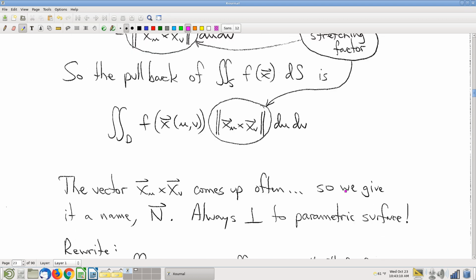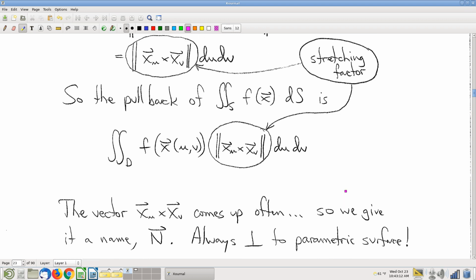Real quick, I want to make a notational observation. It's hard to see this coming, but you have to take my word for it: this vector in here turns out to be interesting for other reasons, with applications that are really quite nice. So instead of thinking of our stretching factor as the formula, magnitude of xu cross xv, I'm going to give this orange vector a name.